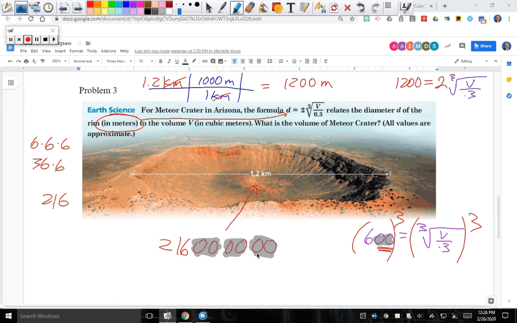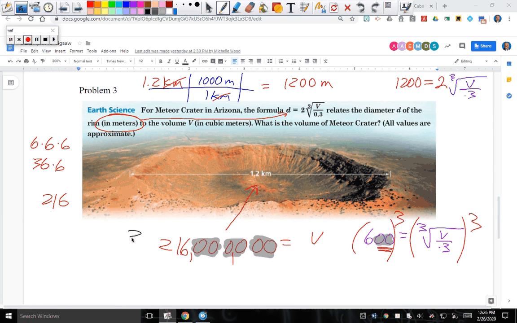I'm trying to help you with number sense without the calculator. So then you have, what? Bam, 216 million is equal to V over 0.3. So if I multiply both sides by 0.3, there's my answer. You with me? 0.3 is the same as 3 what? 3/10.